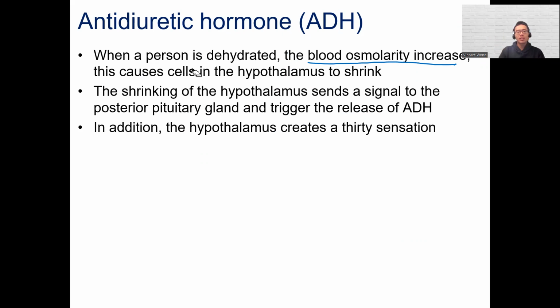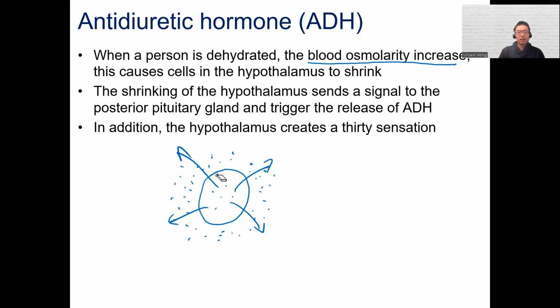So that causes the cells in the hypothalamus to shrink. Think back to last semester. If you have a cell and the surrounding area has high osmolarity, then it creates a hypertonic solution, a hypertonic environment. So what happens is fluid will leave the cell and cause it to shrink, to shrivel up.